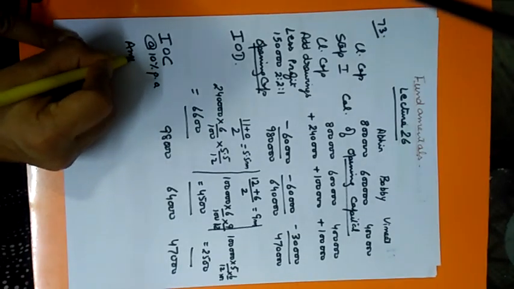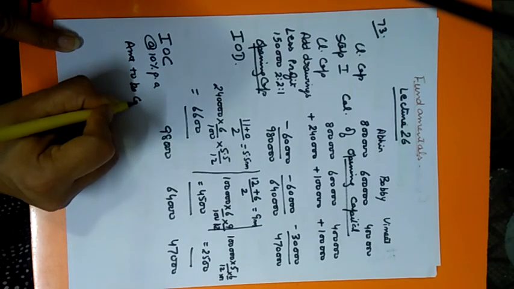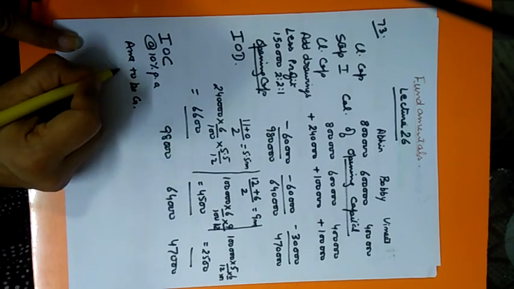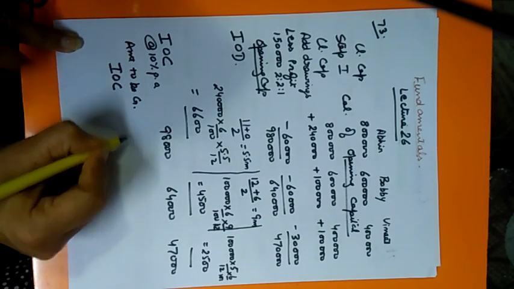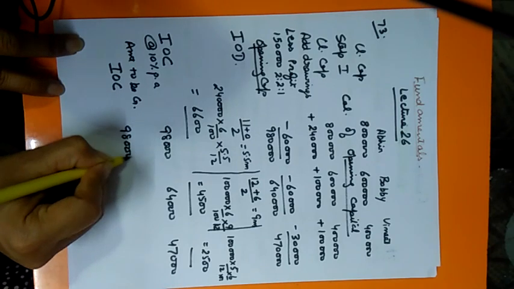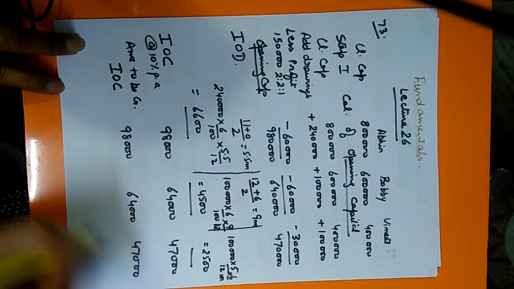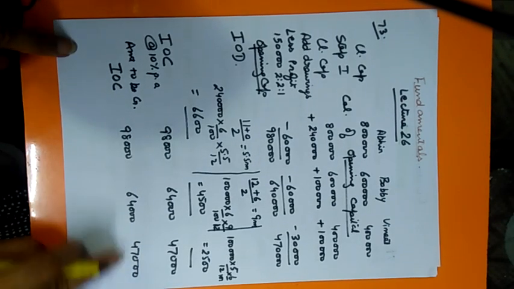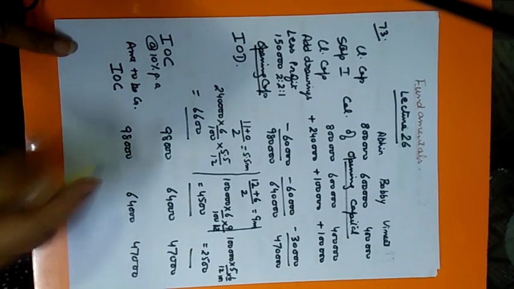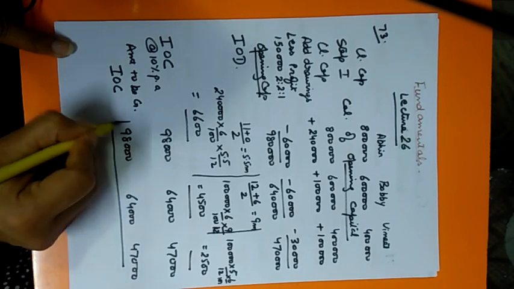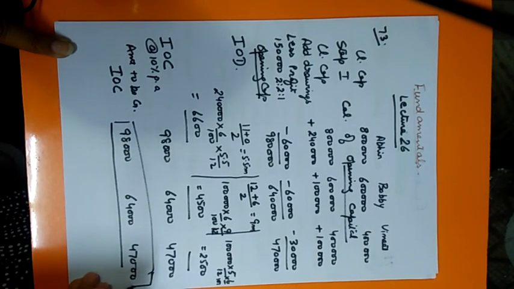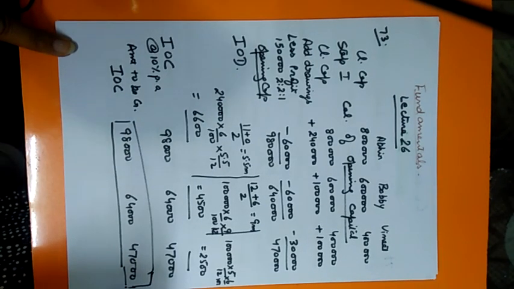Amount to be credited. First of all, we were supposed to give interest on capital of 98,000, 64,000 and 47,000, but this goes beyond your 1,50,000. So this cannot be given, but yet we had to calculate it to know that this amount cannot be given.